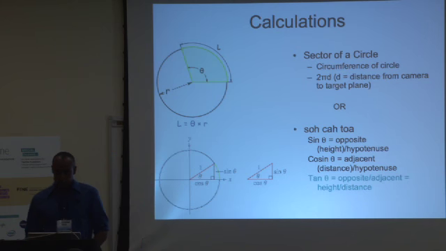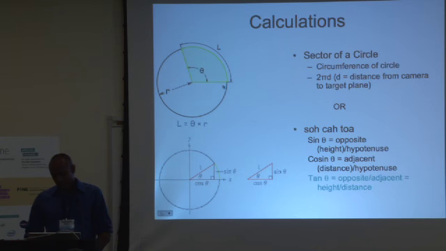The angle of that sector can be determined: if you have the distance, you could determine the circumference, and you can take the percent of 360 that the sector makes. So here we've got L labeled as the length in this example. R, the radius, would represent your distance, and the angle theta here would represent your field of view.